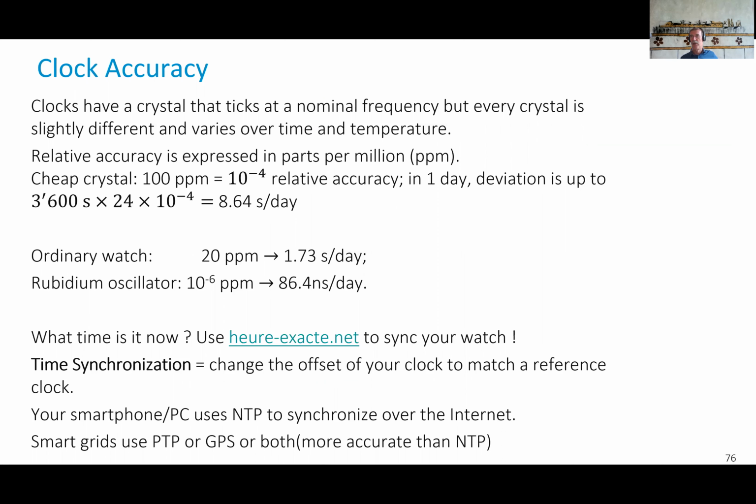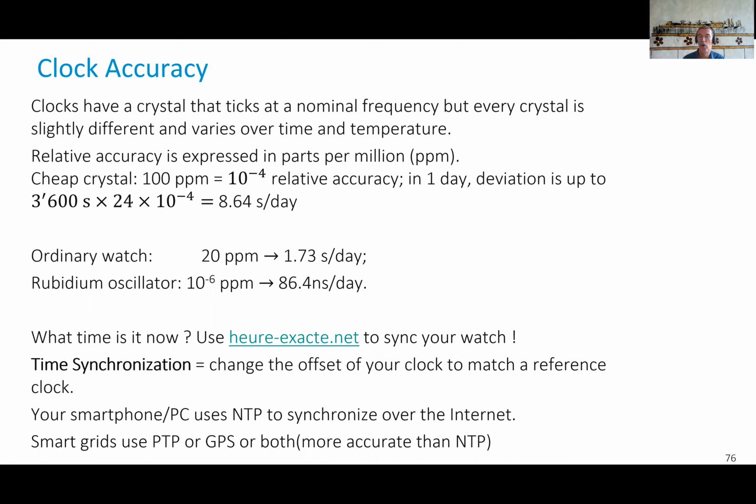Cheap crystals that are used in low-end devices in industrial networks have an accuracy of 10 to the minus 4. Better crystals are used in watches. They have an accuracy of about 20 ppm. And if you need very, very accurate timings, you can go way, way below, like with rubidium oscillators.